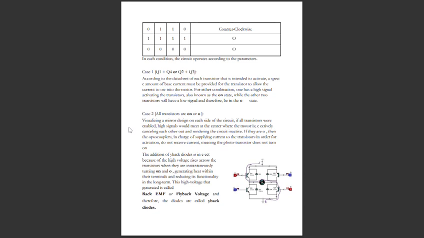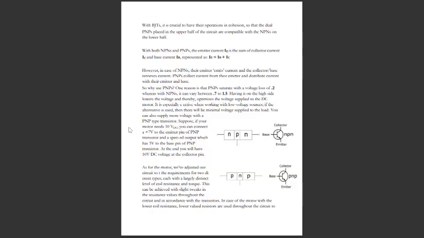This high voltage that is generated is called the back EMF or flyback voltage, and therefore the diodes are called flyback diodes. Basically, in this circuit we use 4 flyback diodes to reduce the back EMF or flyback voltage.